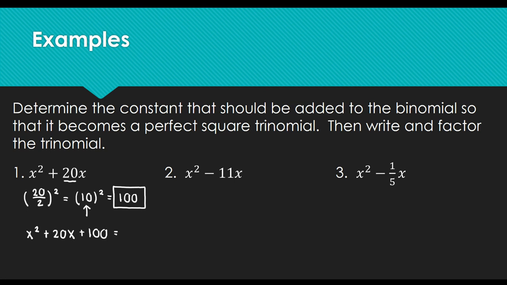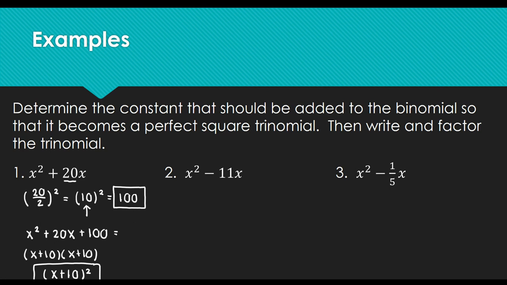So because this factors into x plus 10 times x plus 10, the exact same binomial, we then write it as x plus 10 quantity squared. And so here is my factored trinomial.